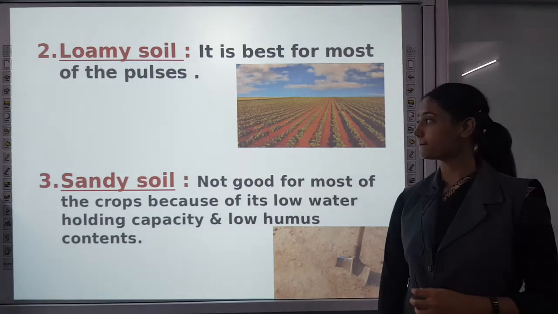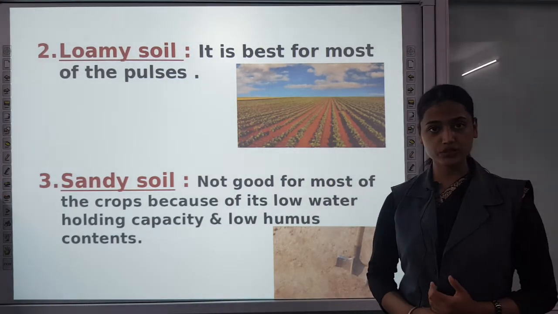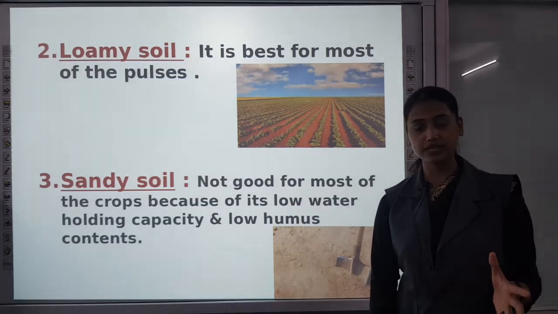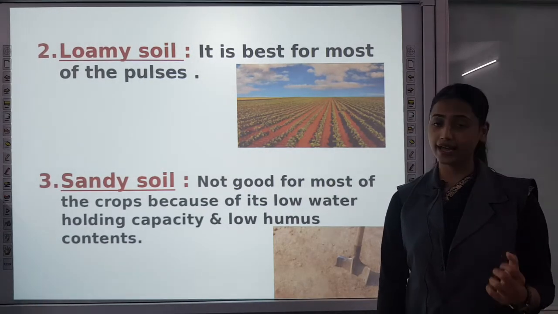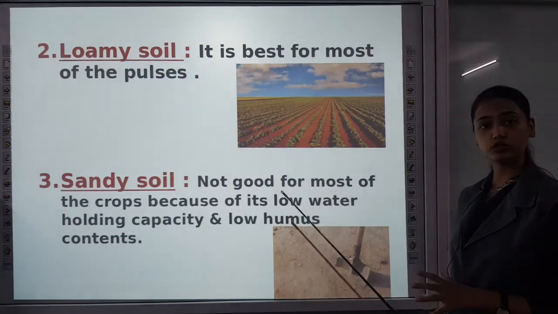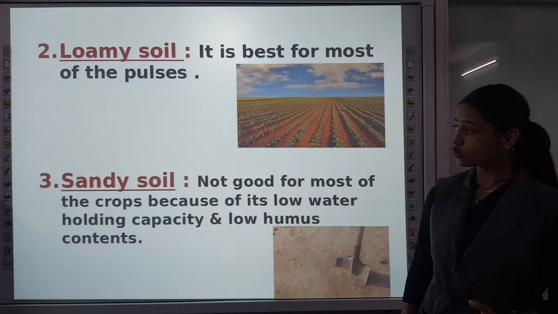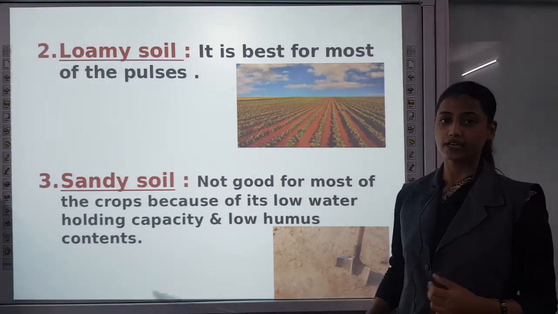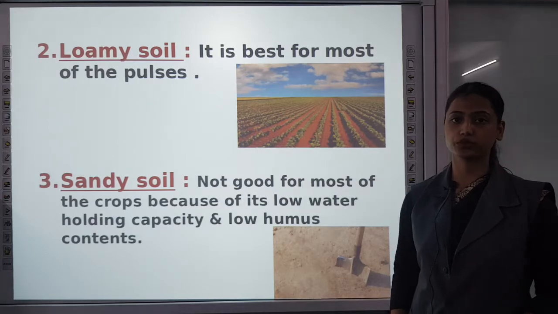Plants need water and minerals to grow, but sandy soil has larger spaces between the particles, so it cannot hold water, which is necessary for plant growth. So what types of crops are grown in sandy soil? Crops like carrot, radish, tomatoes.